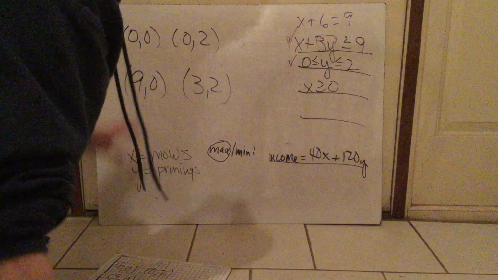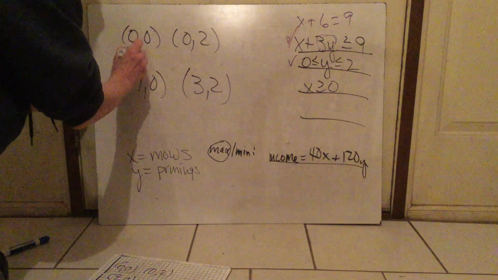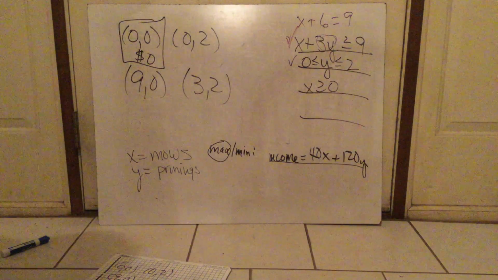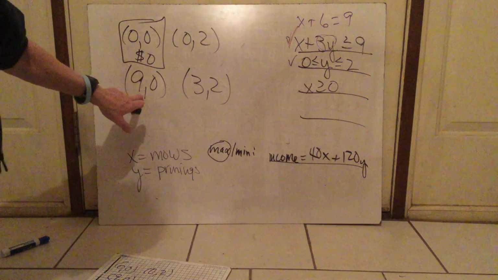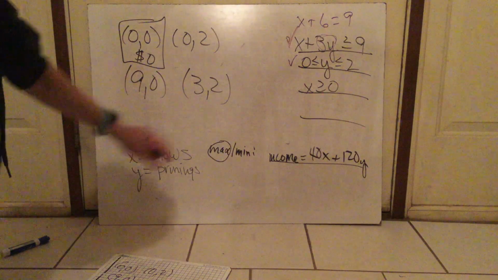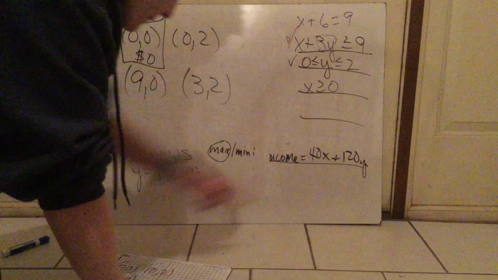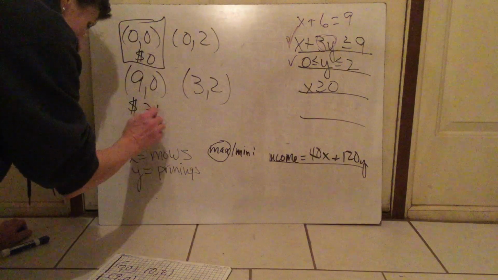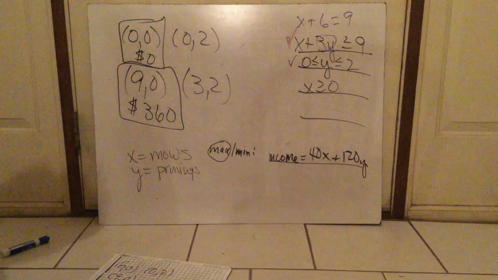All right? So obviously if you put in 0, 0, you get 0. So we don't make any money if we don't mow or prune. What if we mow 9, X is mow. What if we mow 9 lawns and no prunes? That would give us 9 times 40, $360. So if we did that one, we'd make $360.